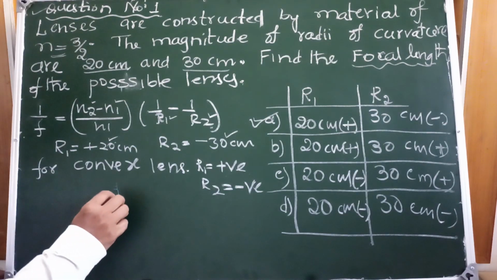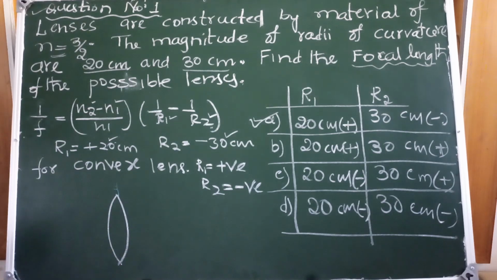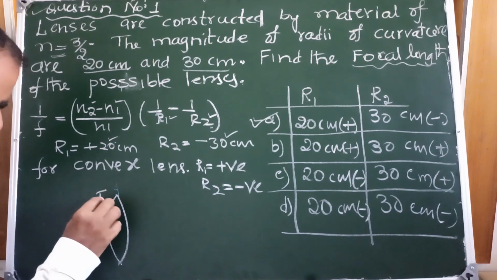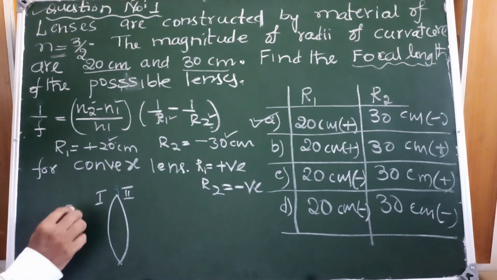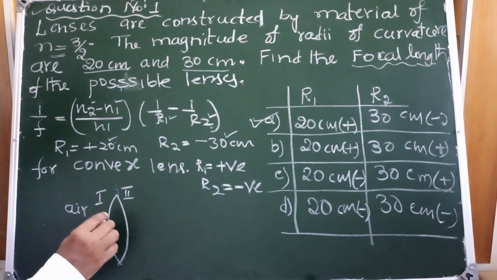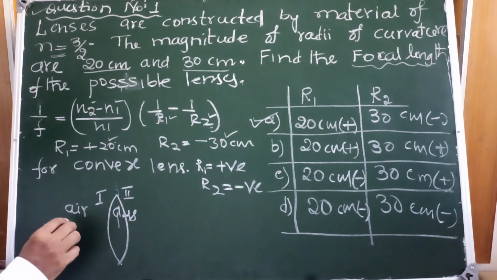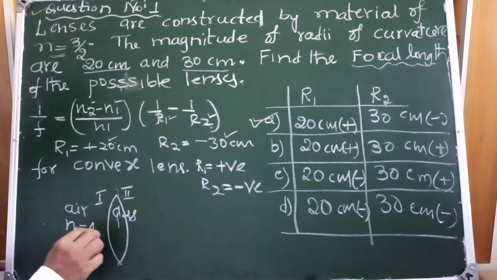If you draw the diagram, in this case it is the convex lens. This is the first refracting surface, this is the second refracting surface. Light ray enters from air to glass. Air is the first medium, so N1 is equal to 1.